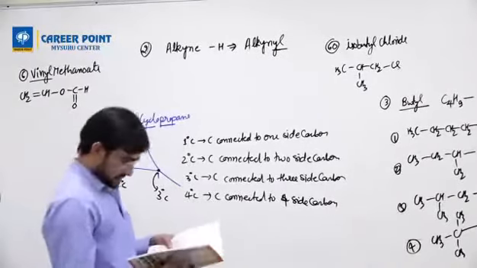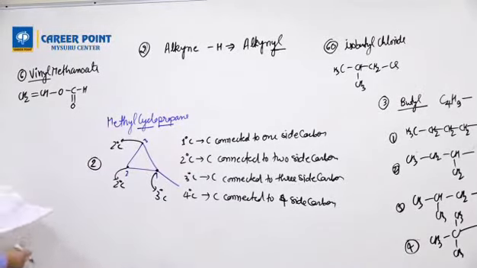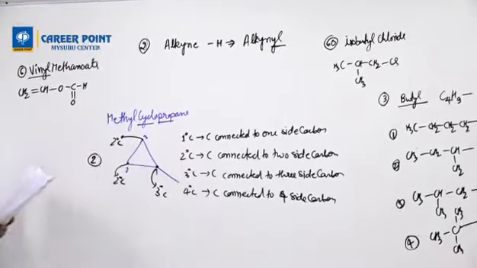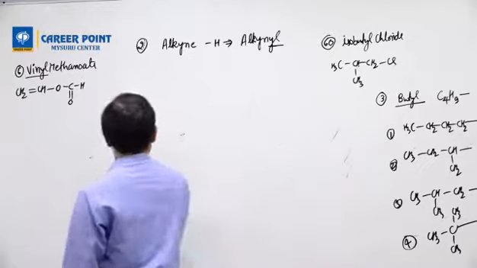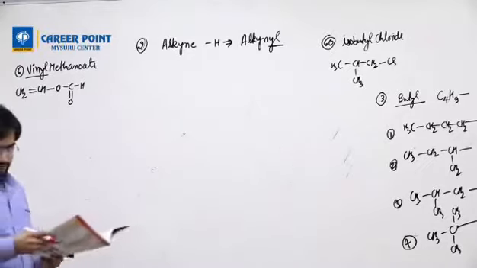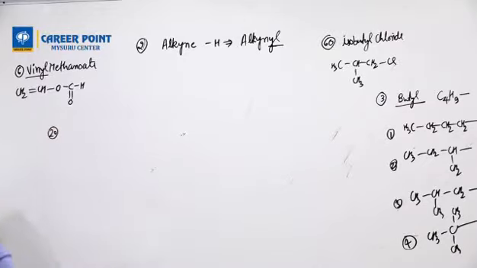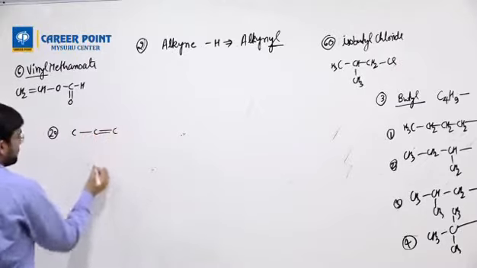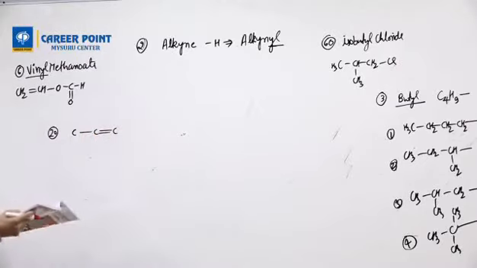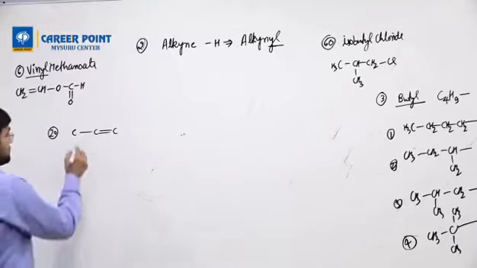After 6, question number 20. The simplest alkene containing 3 primary carbon atoms. So for an alkene you want to make C double bond C. 3 primary carbon atoms means 1 carbon here.